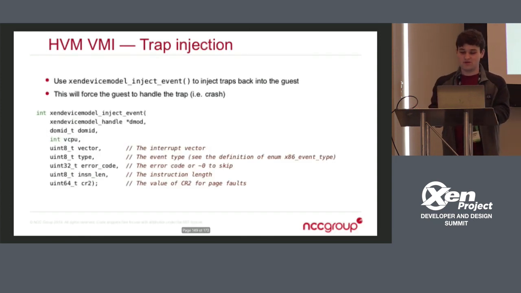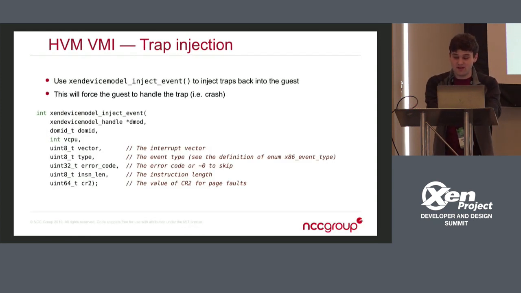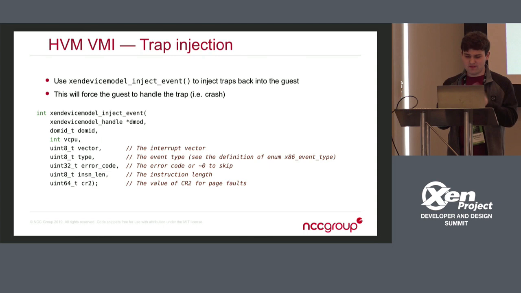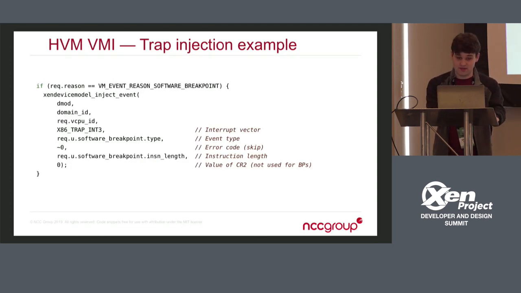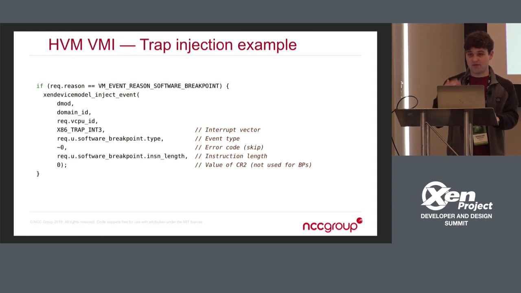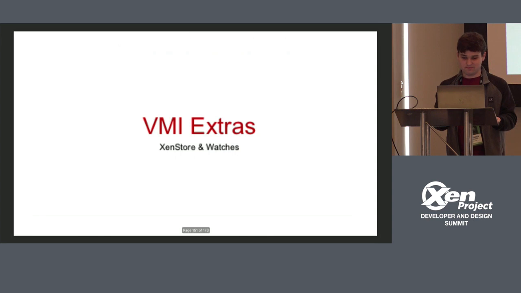In which case, you should use the function xc_hvm_inject_trap to force the guest to handle that particular trap, which generally speaking just means to crash. I don't really have time to go over all the arguments, but there are a couple of examples of it in the actual Xen code base. Generally speaking, every event data struct contains data that you need to pass as arguments into this function to inject the trap associated with that event struct, for the most part.